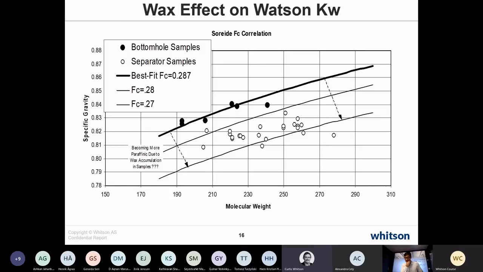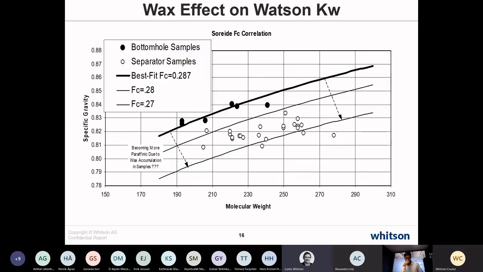Like you say, maybe in some cases you collect samples at temperatures above the wax appearance temperature, and there's no problem. Other cases, it's a colder time of the year, you collect the samples, cooling happens. It could be a laboratory artifact.